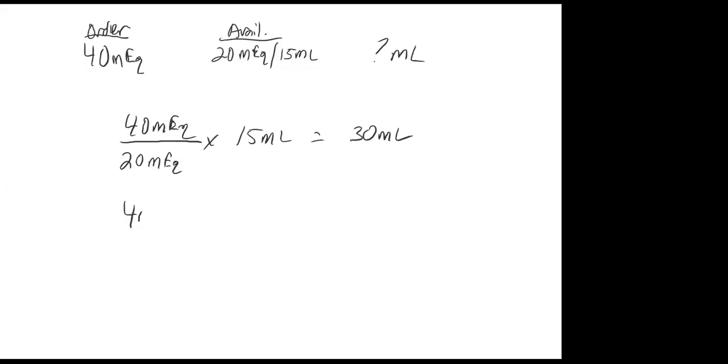Start with the same order, the 40 milliequivalents, times, I don't want milliequivalents, I want milliliters, so 15 milliliters over 20 milliequivalents. I'm doing the same thing. Either way, I get 30 milliliters. Also, if 15 milliliters includes 20 milliequivalents, then if I double that to 40, that would be 30 milliliters. Does that make sense?